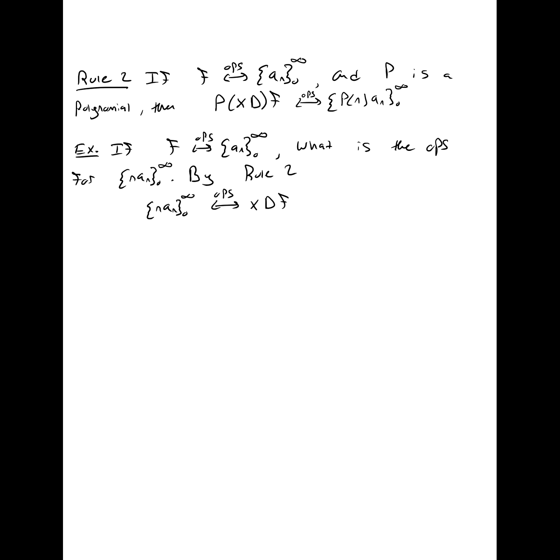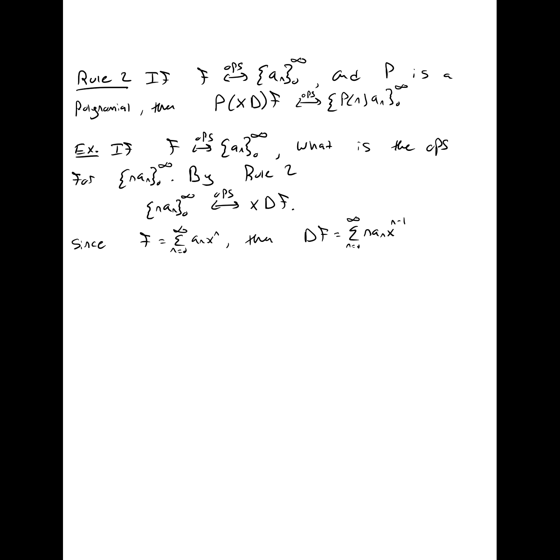And the reason for this, what is actually happening here, is since f is equal to the sum from n equals 0 to infinity of a sub n x to the n, then df, since I'm just saying df is just differentiate f, is equal to the sum from n equals 0 to infinity of n a sub n x to the n minus 1. I'm just differentiating this term by term.